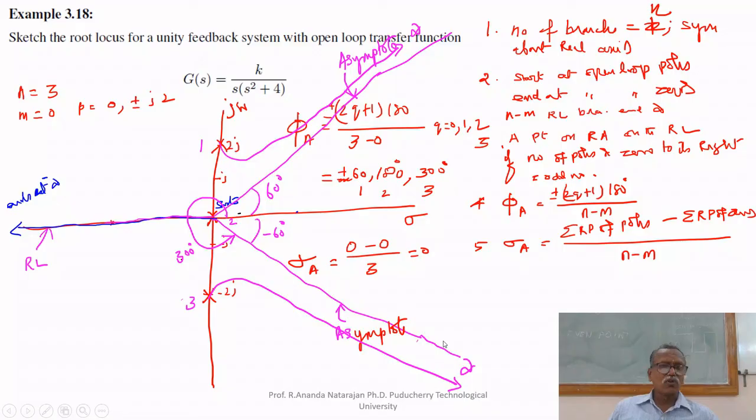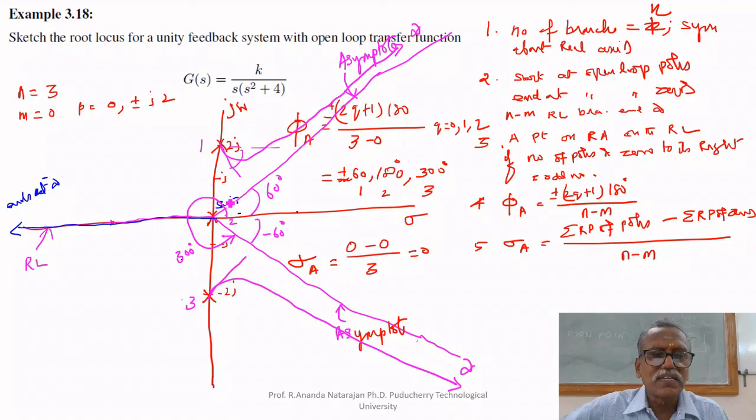Here, the only thing missing is at what angle it is coming out of this open loop pole. It is coming out of the open loop pole at some angle. What is the angle at which it is coming out? We do not know. You understand what I am saying?